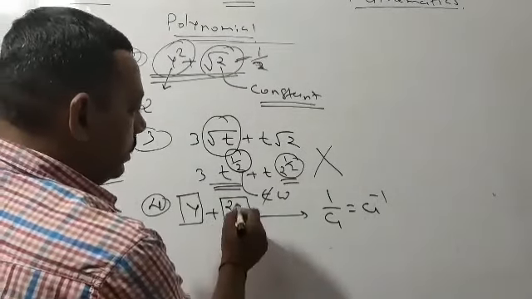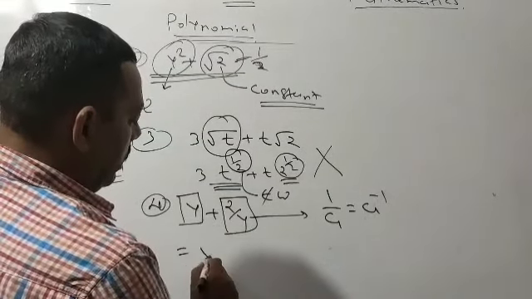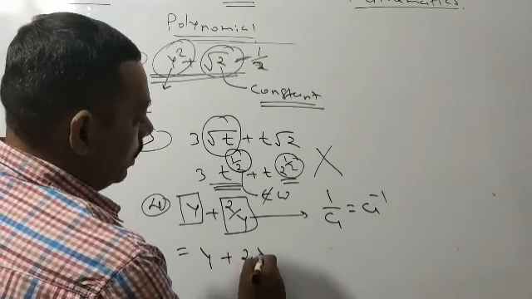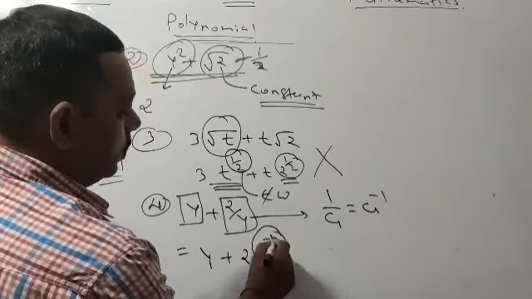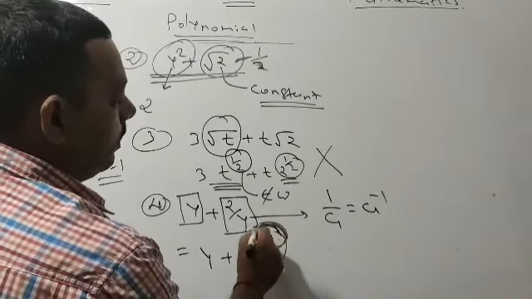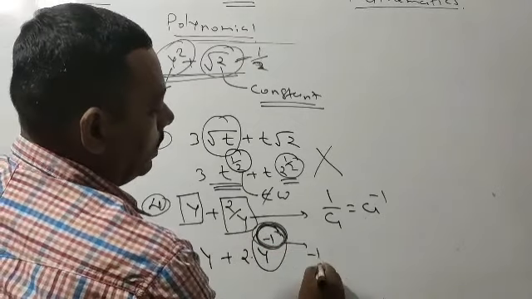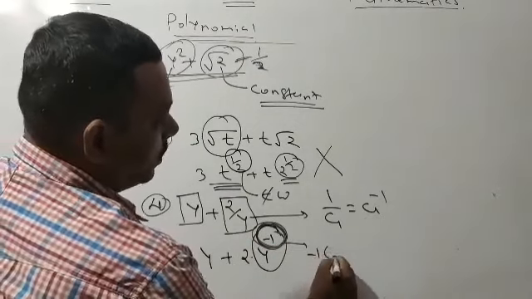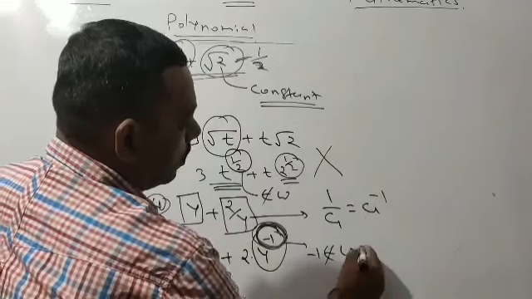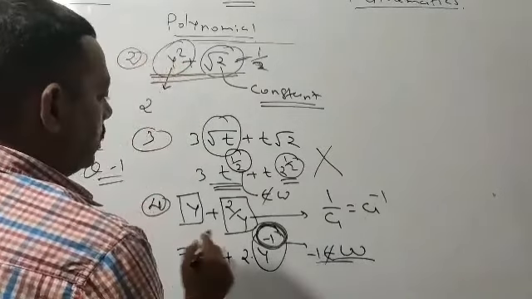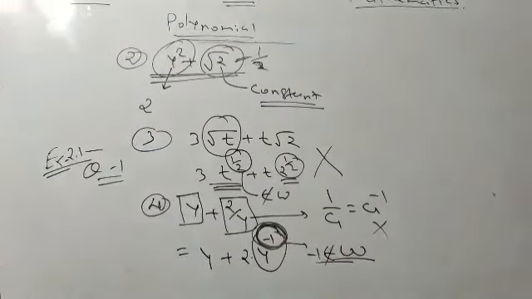So in this question we can write y plus 2 into y raised to minus 1. See the power. This minus 1 is the power which does not belong to whole numbers. So again this fourth one is also not a polynomial.